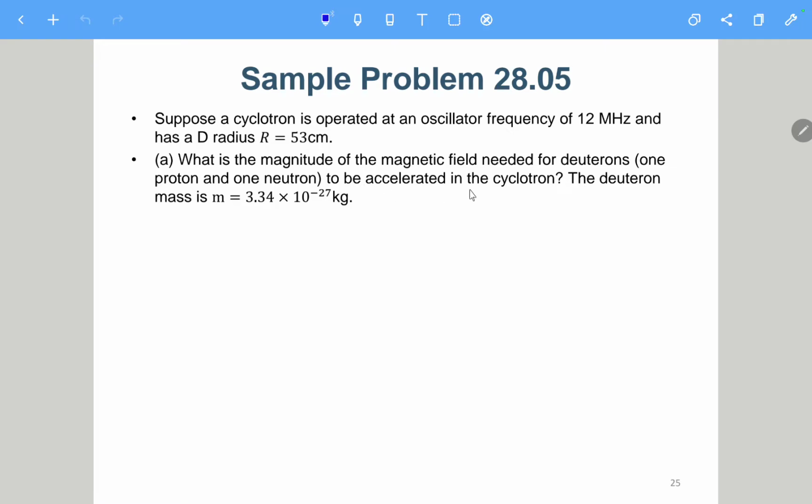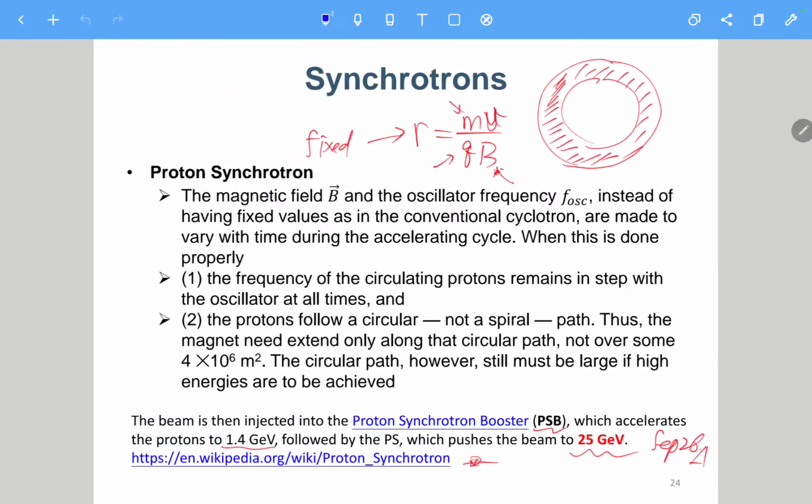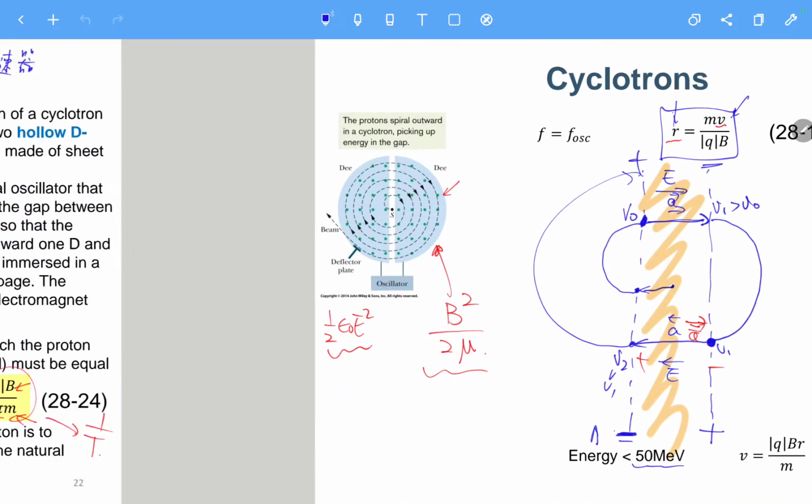To be accelerated in the cyclotron, the deuteron mass is roughly 2 protons, because it is 1 proton plus 1 neutron. We just need to use the equation here.